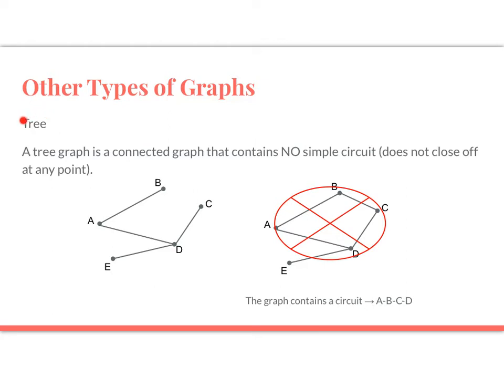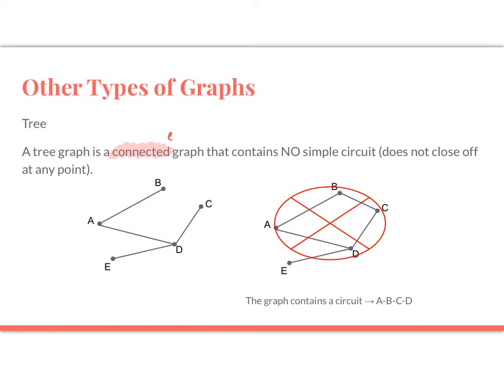So here we see the first one is a tree graph. A tree graph is any connected graph, and it must be connected. That means no vertices that do not have a connection to another vertex.